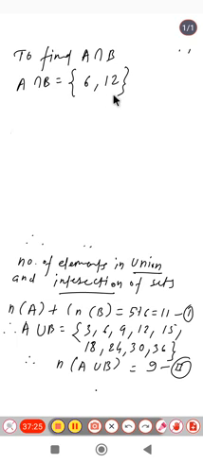Understand? So we can say that n of A intersection B equals 2. We write this as equation 3.